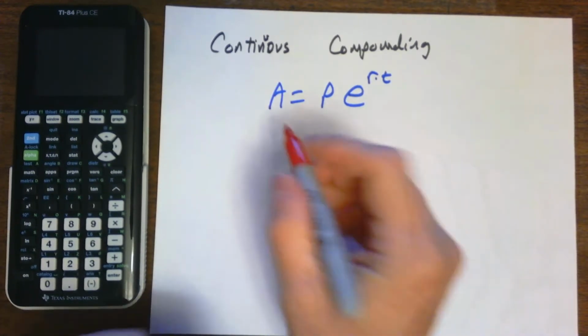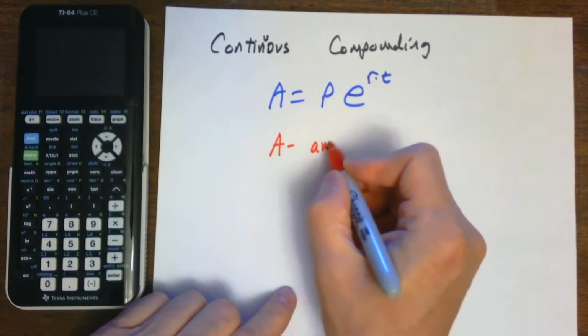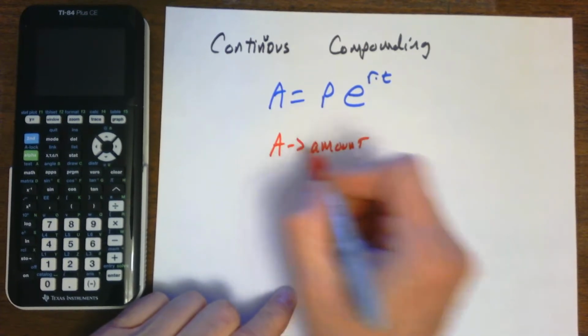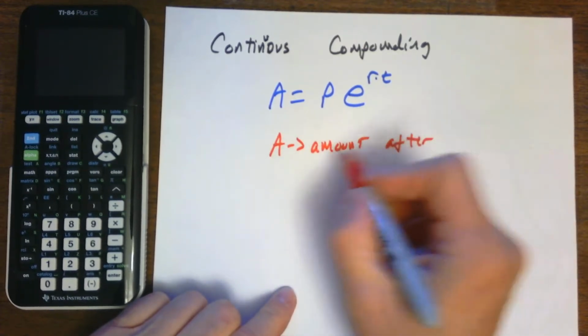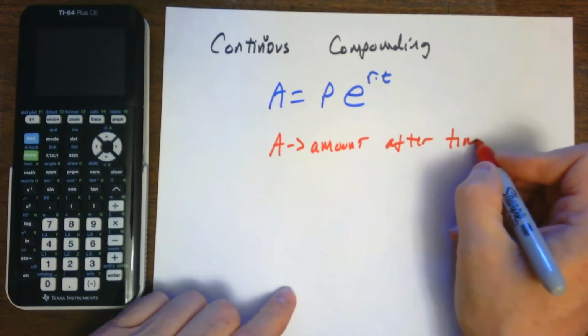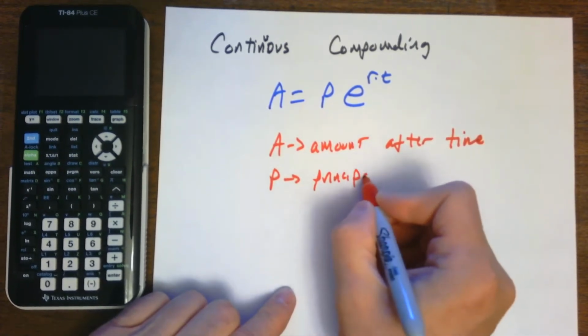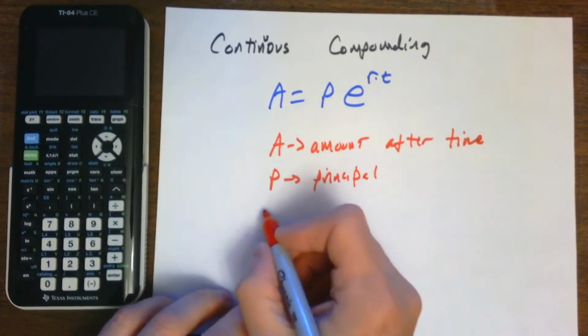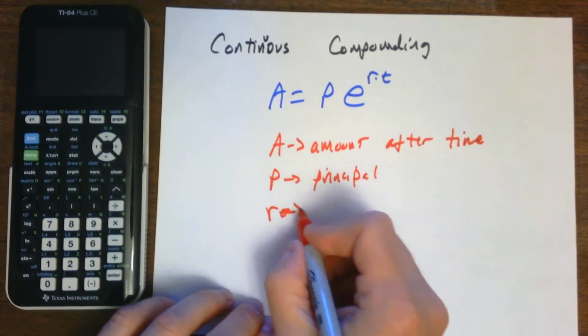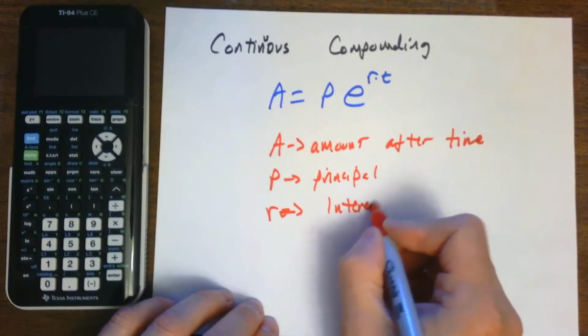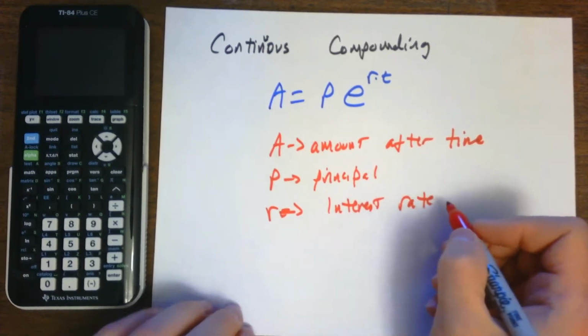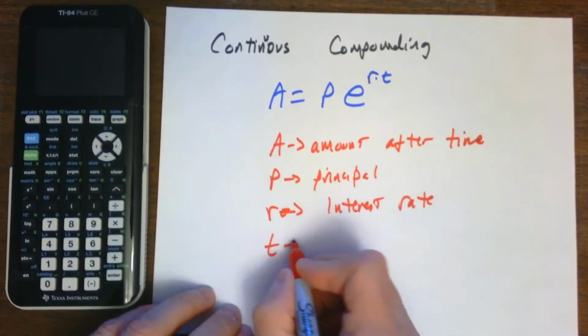So A is still the amount the thing's going to be worth after time. P is still the principal, that's the initial amount that's being invested. R is the interest rate, and again, we have to put it in as a decimal.